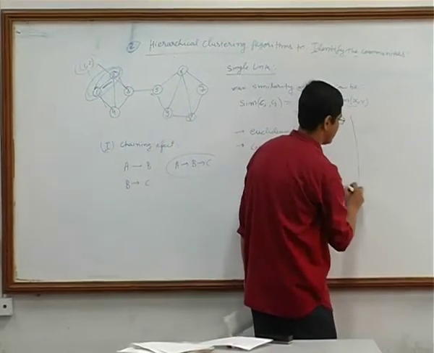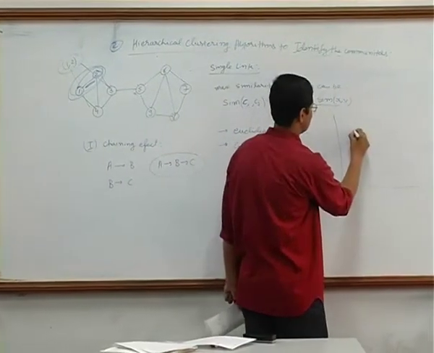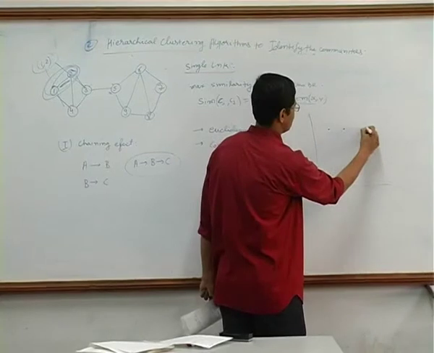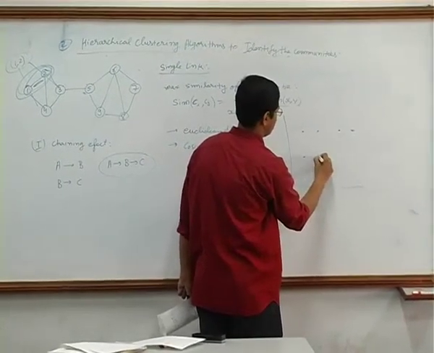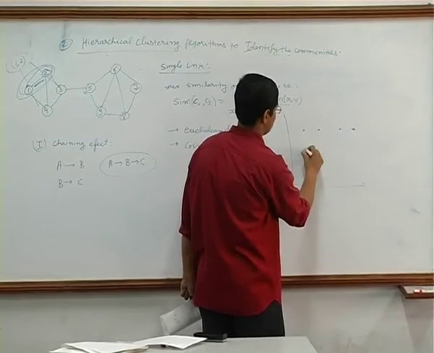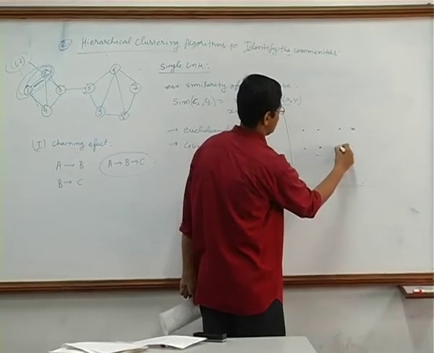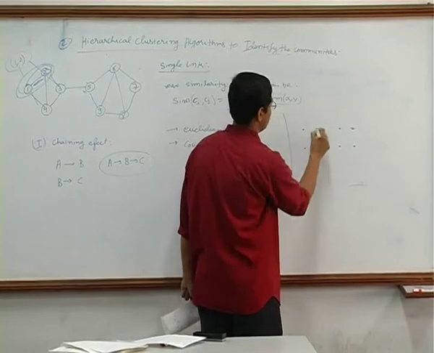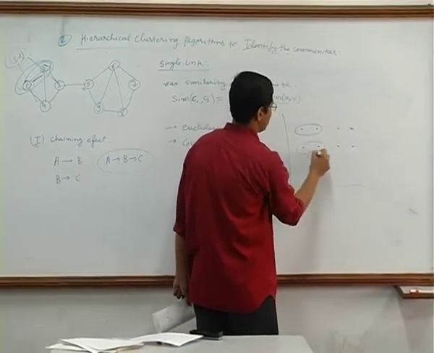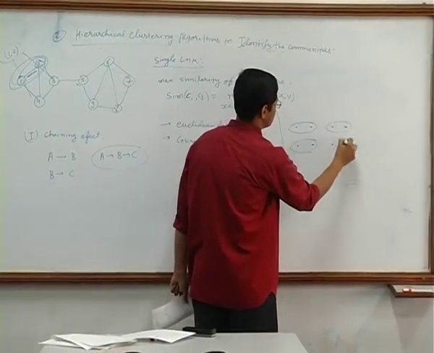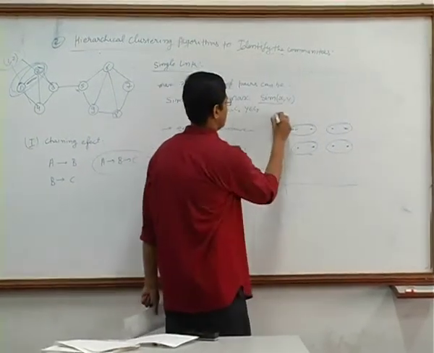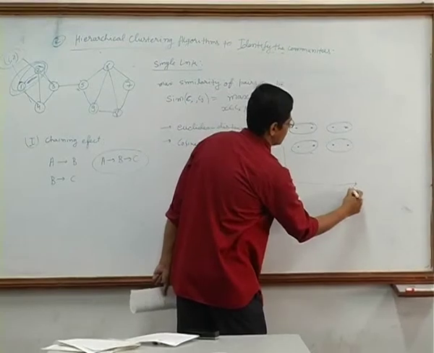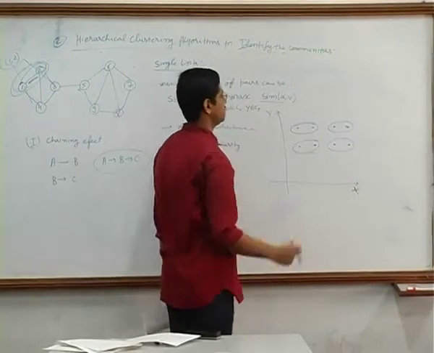Suppose we have points like this. Then at a first pass, this is our initial merging, initial pairing.